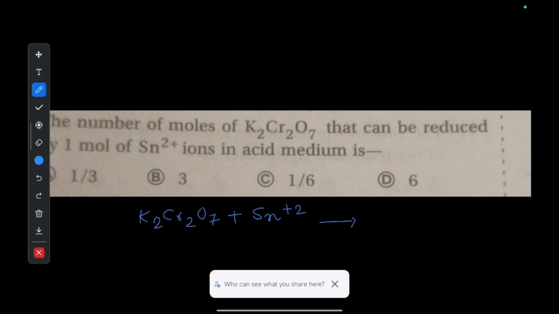In acidic medium, potassium dichromate changes to chromium plus 3, Cr plus 3. And Sn plus 2 changes to Sn plus 4. That means stannous changes to stannic. And you need to balance the equation for this first.